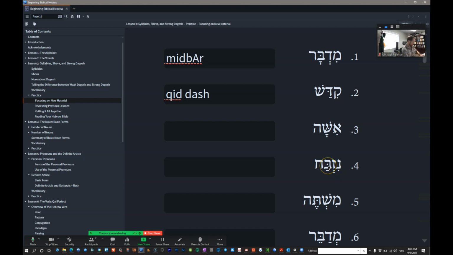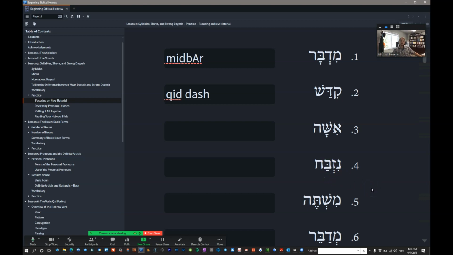And I also don't know of any place where you have a dagesh forte and a silent shavah before it. So when you see this shavah dagesh combo, where you've got a shavah and then a dagesh in the immediate next letter, I can't think of an exception to it. The shavah will be silent, the dagesh will be weak. If you see shavah and then dagesh, it's going to be silent, weak.